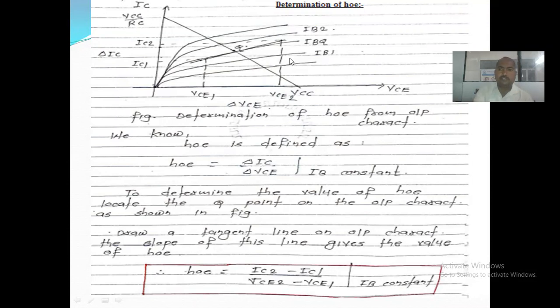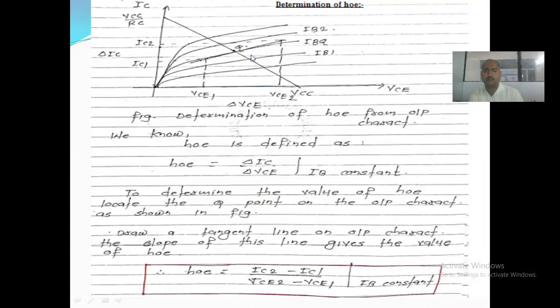This is the plot of HOE. See, for the plot of HOE, what we have to do is take the plot of IC versus VCE, right? IC versus VCE. So for the calculation of the output parameters, HFE and HOE, which are the output parameters, whatever plot we have already done for the calculation of HFE should be used here.